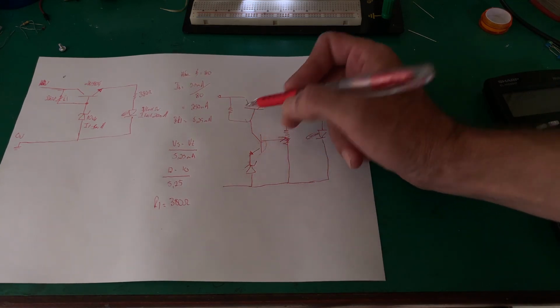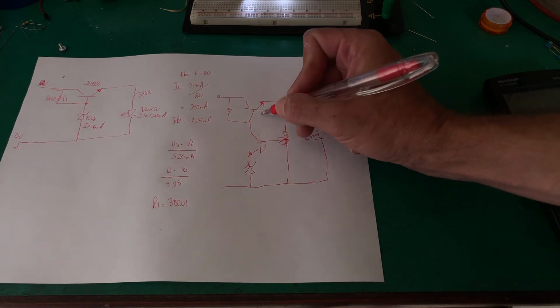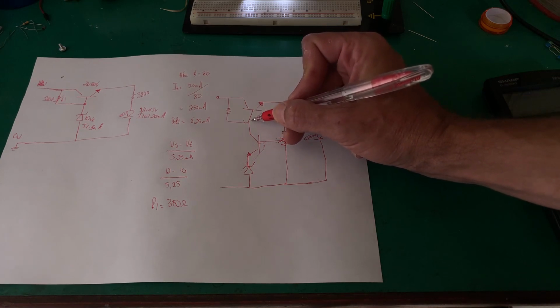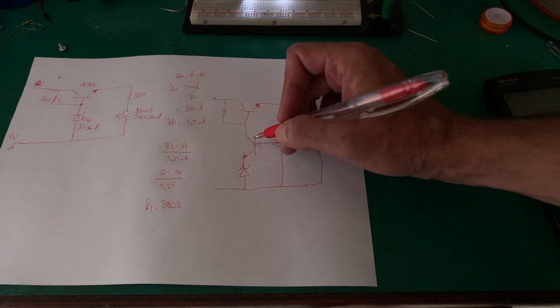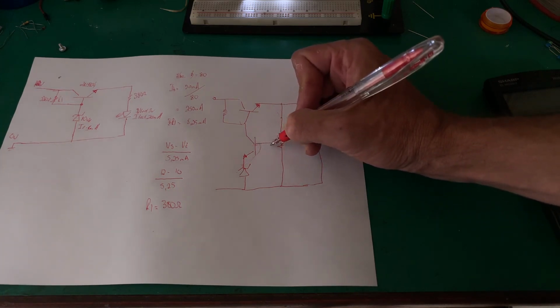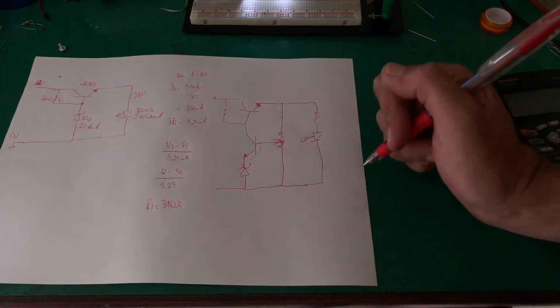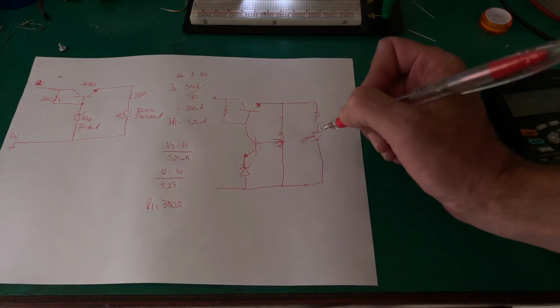Now as the voltage goes up again, this emitter voltage will start closing the gap between the emitter and the base. This transistor will start switching off. As this transistor starts switching off, this voltage will start dropping, so this transistor starts adding less feedback, so we'll eventually get to the diode not conducting and just keeping the voltage.